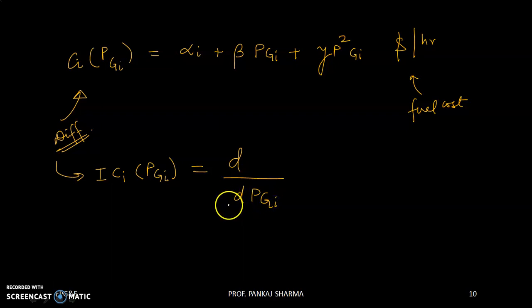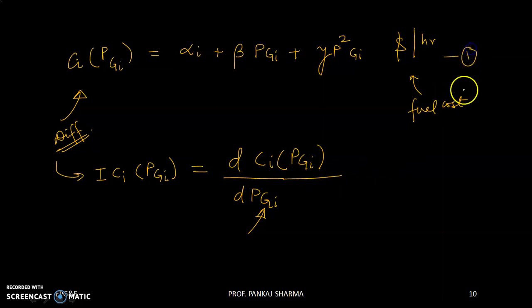That is, we are differentiating this equation number 1 with respect to the power generation of the ith generator. What will we get?